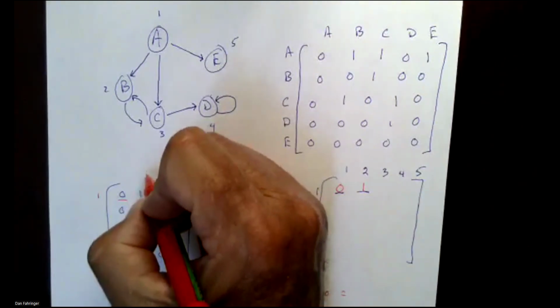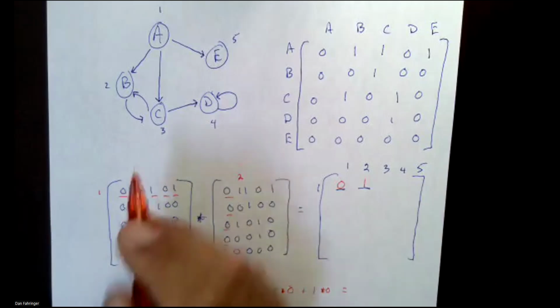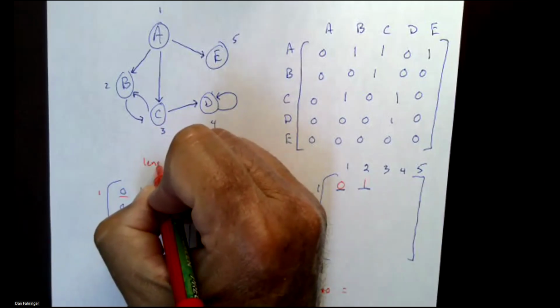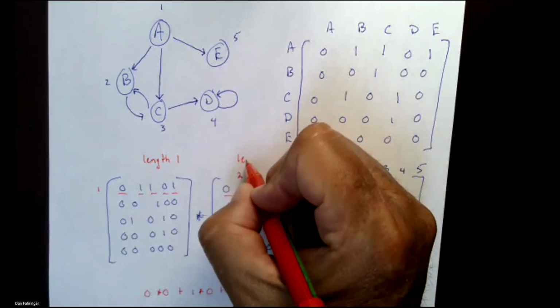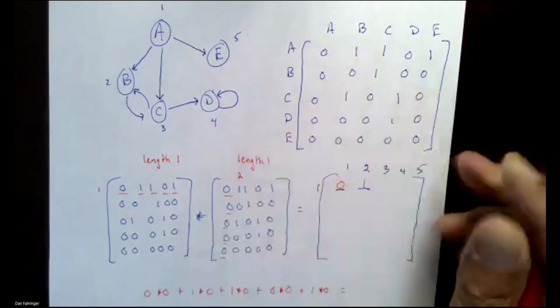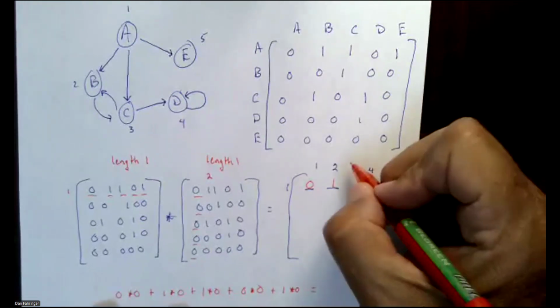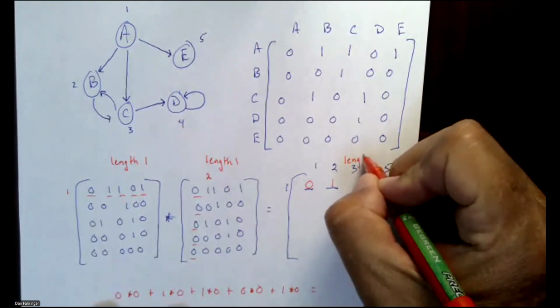So this was a representation of a length of 1 when I travel. And when I multiply it by another length of 1, I end up getting a length of 2.